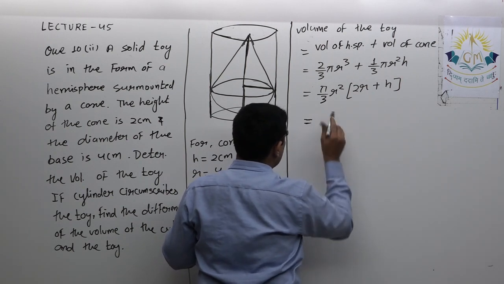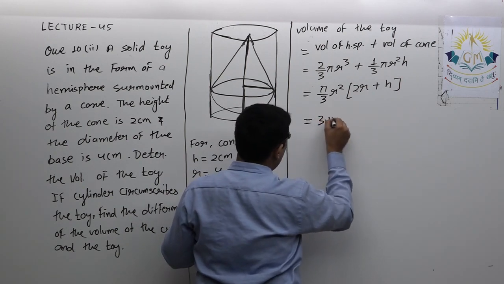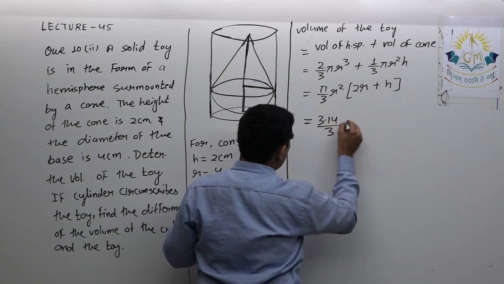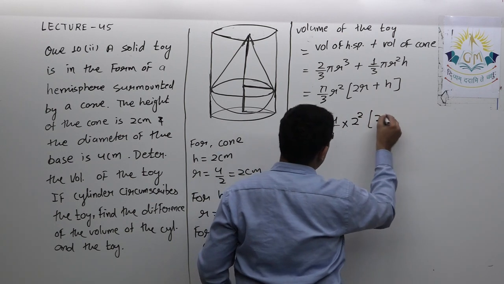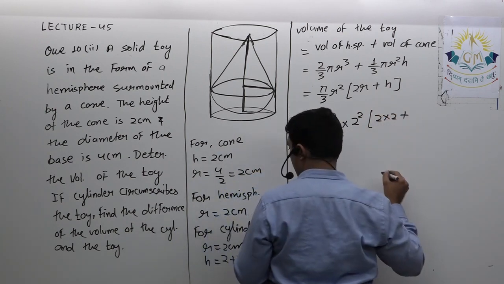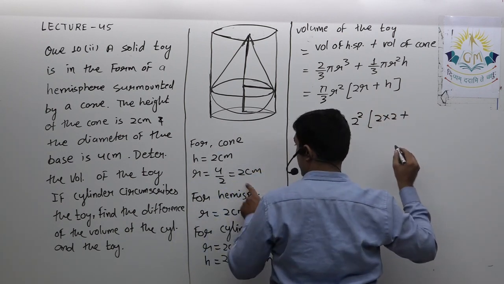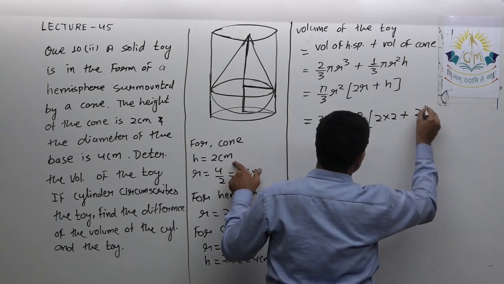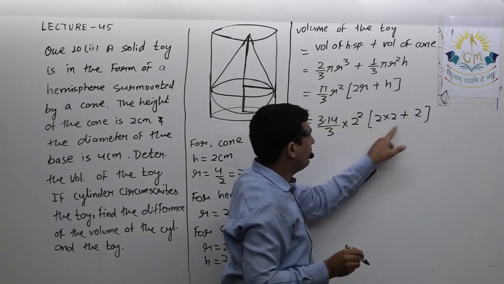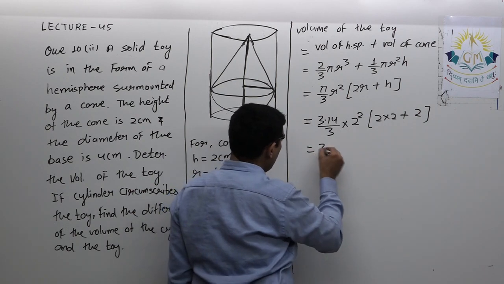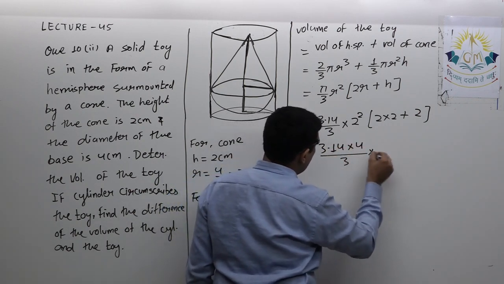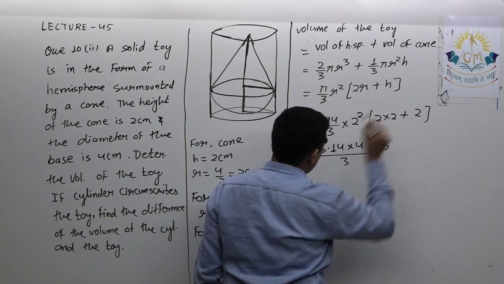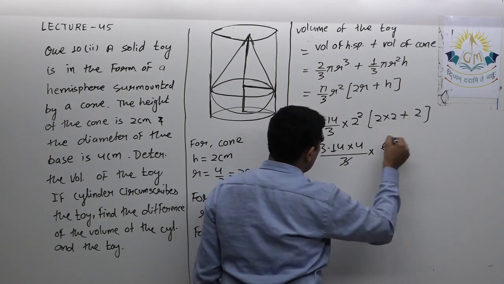Okay, so I am putting the value of pi as 3.14. Now r is 2, so 2 square is 2 into 2, and h is again 2. So this 3 I can cancel. This is 4 plus 2, so it becomes 3.14 into 4 divided by 3 multiplied by 6. 2 into 2 is 4, plus 2 is 6. So I can cancel this.